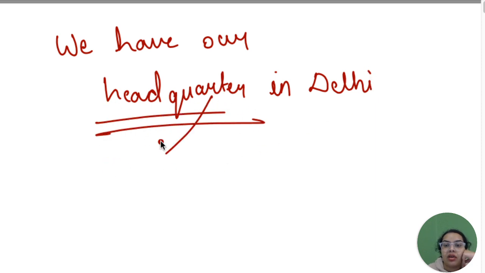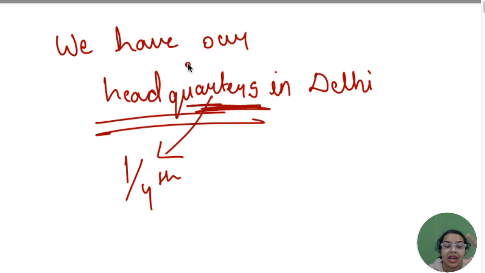It's never quarter. Quarter means one fourth. Okay, so the correct word is quarters, headquarters. It is always followed with S if you're talking about the main head office or a place to live, a place from where something is done. That is always quarters. Okay, because quarter alone, if you are talking about just quarter, it will mean one fourth of something, 25%.